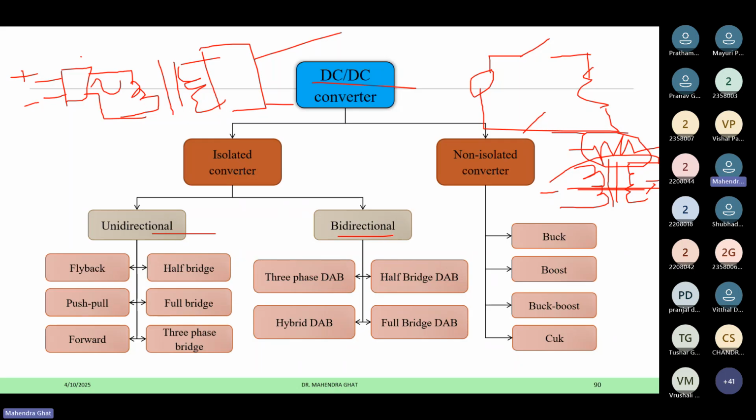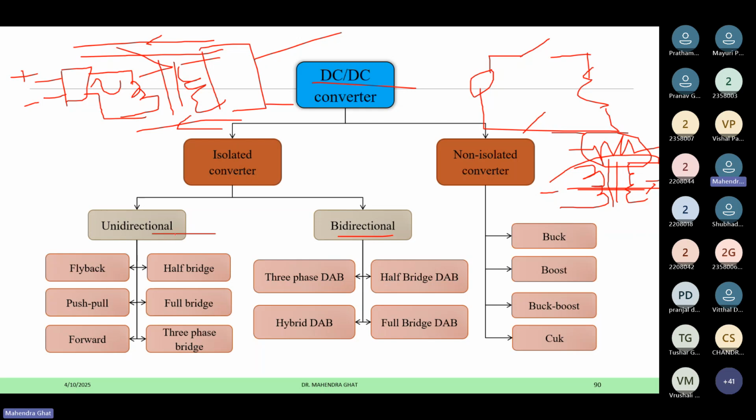Unidirectional means power flows from the input to the output only. Bidirectional means power can flow from the input to the output as well as from the output to the input. This type of DC-DC converter is called a bidirectional converter, and if the power is flowing in only one direction, it is called unidirectional.